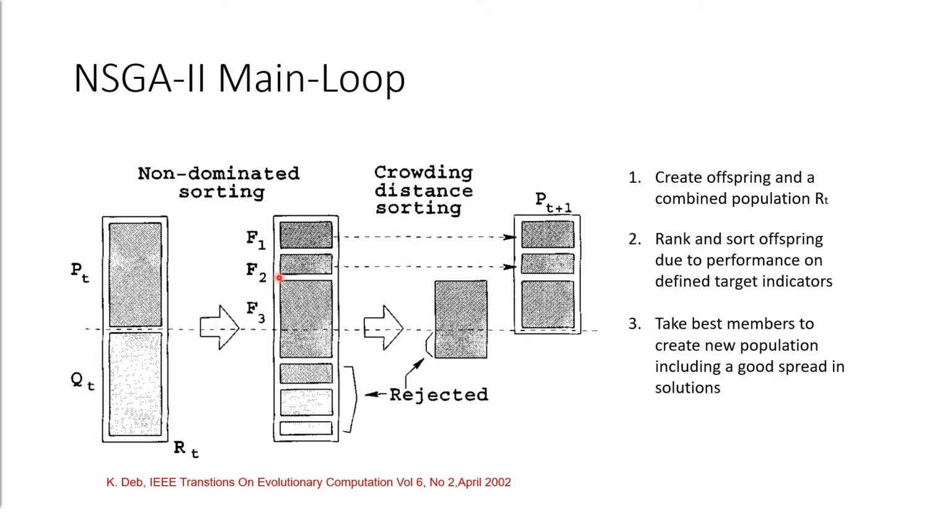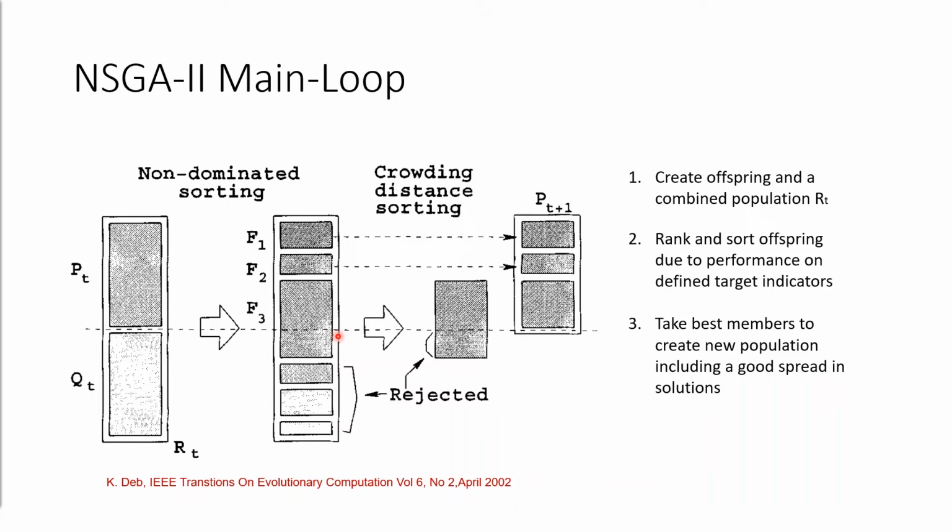The new population is chosen by picking all individuals of the best fronts until the size of the original population is reached. As you can see here, F1 is added to the new population, F2 as well, and still the size of the new population hasn't reached the size of the old population PT.